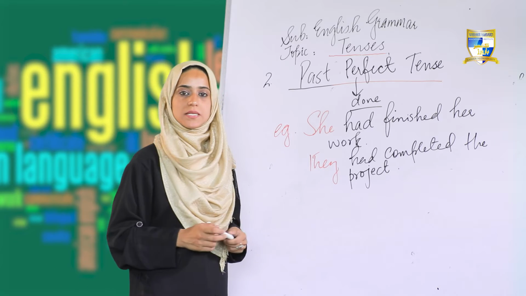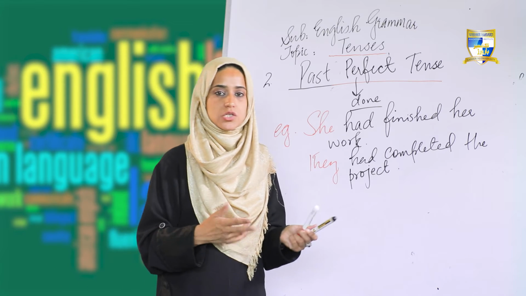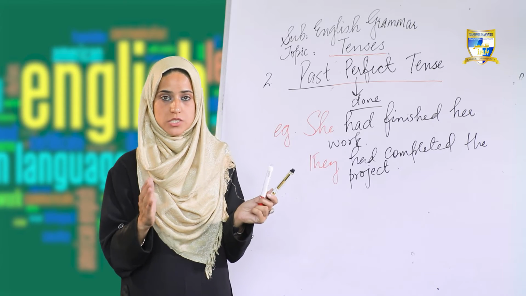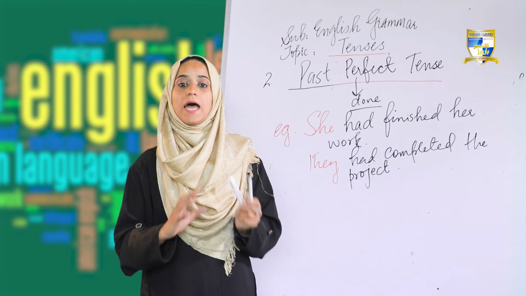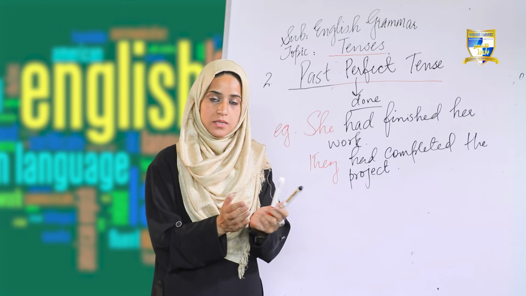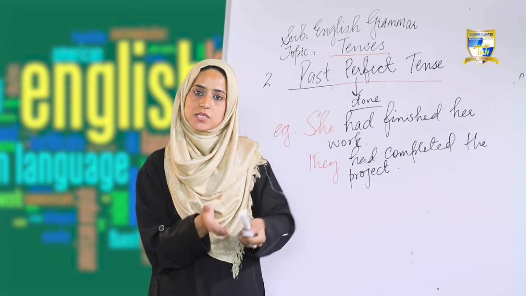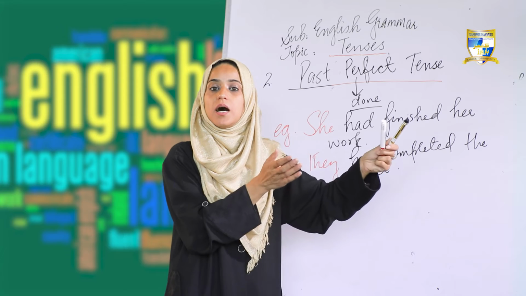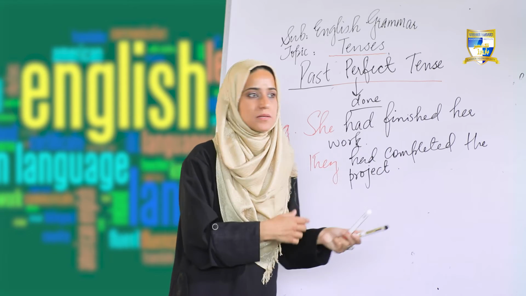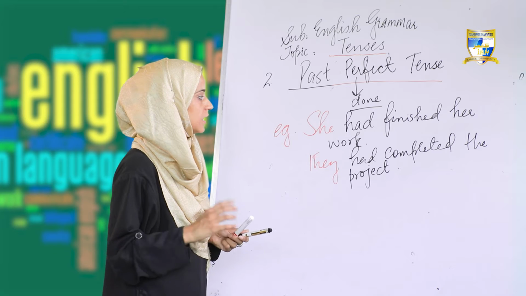Or, this past perfect tense denotes the time of an action where two actions took place in the past. You are talking about two actions happening in the past, and you are mentioning the action that happened in the earliest part and the second action that happened in the later, or the more recent part, but in the past. Let me give you an example.